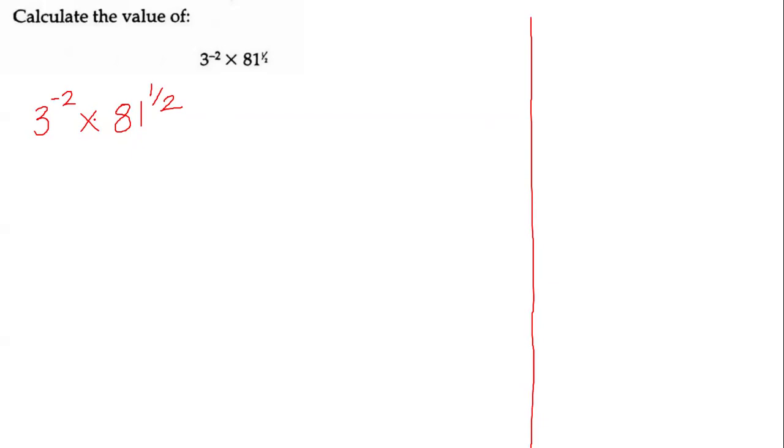So let's do it step by step. So we have 3 to the power of -2. That's going to be equal to what? 1 over 3 to the power of 2. And 3 squared is what? 3 times 3, 9.